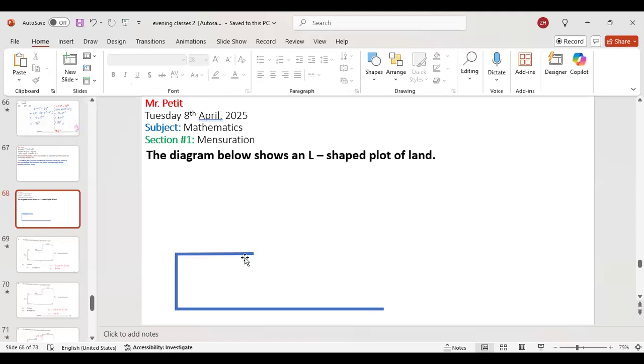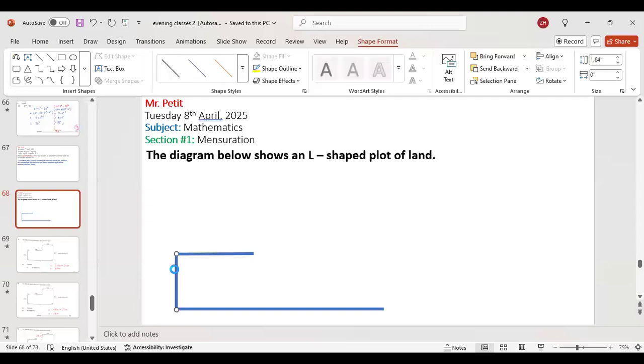And then I need length. So see, we have a diagram that goes up here like that. And we also want length again. So let's say we have something like, let me make this a bit longer.